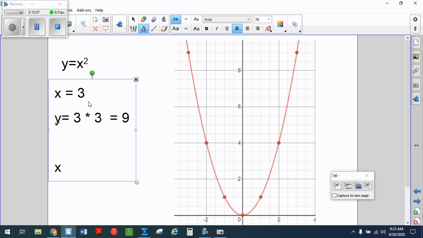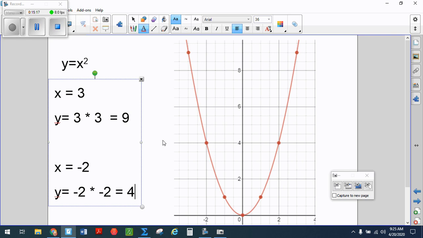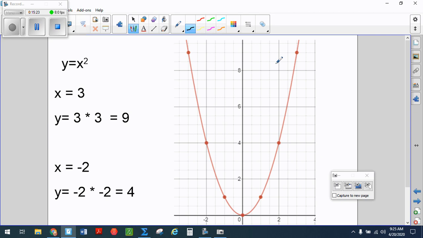If we say x equals -2, then y equals -2 times -2, which is 4. And that's where all these points are coming from. So 3, 9 is right here, and -2, 4 is right here. You're actually plotting points on the graph.